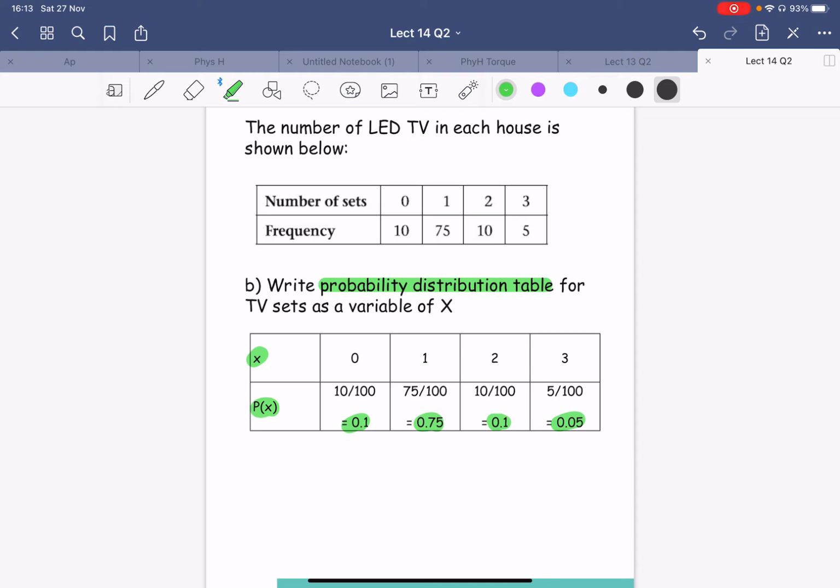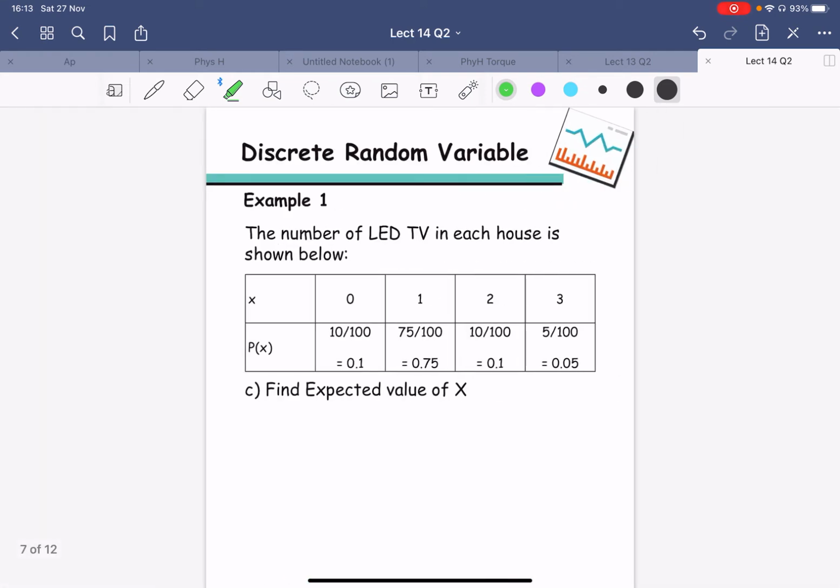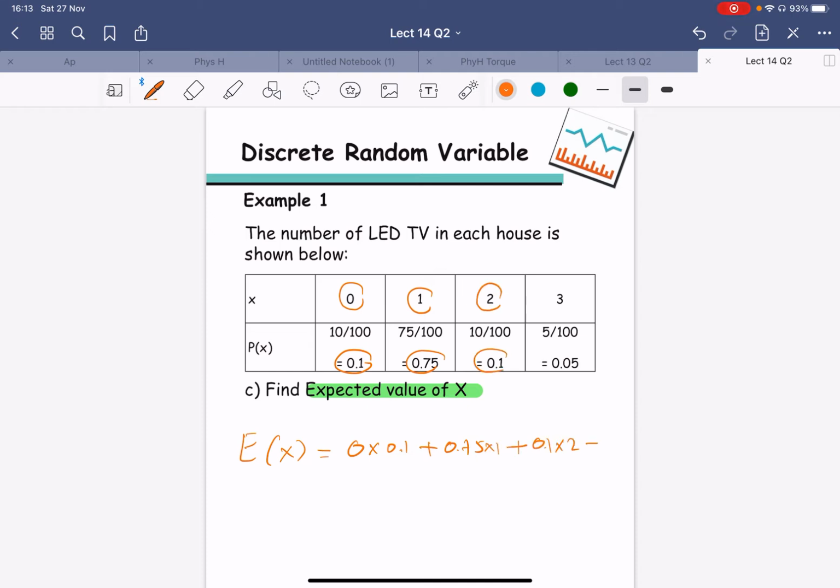Next, I can ask you to find the expected value of x, E of x. How can I do that? Take this times that: 0 times 0.1, plus 0.75 times 1, plus 0.1 times 2, plus 0.05 times 3.